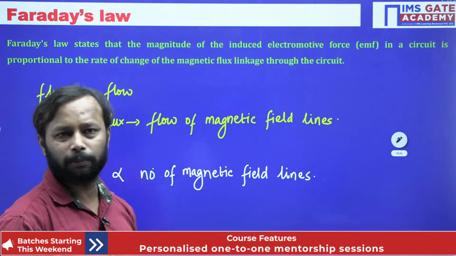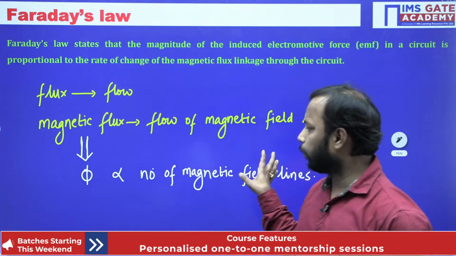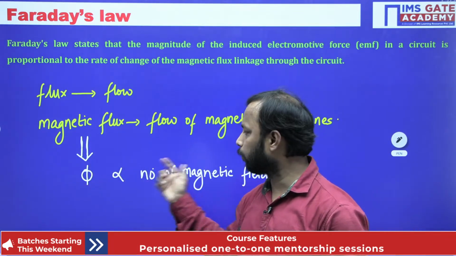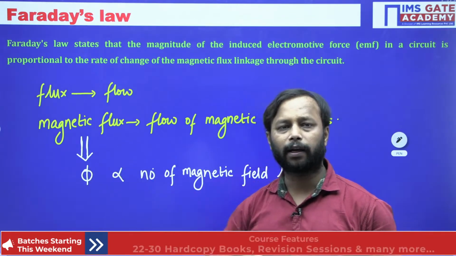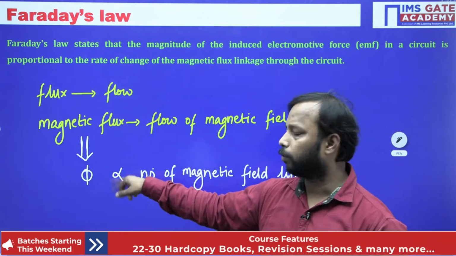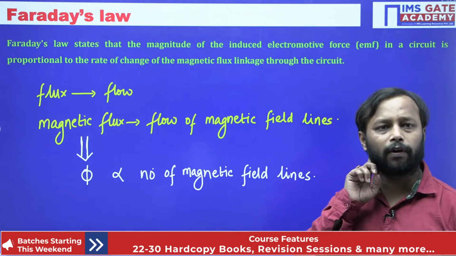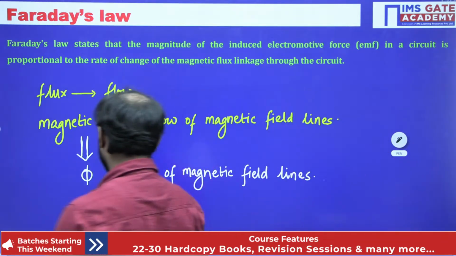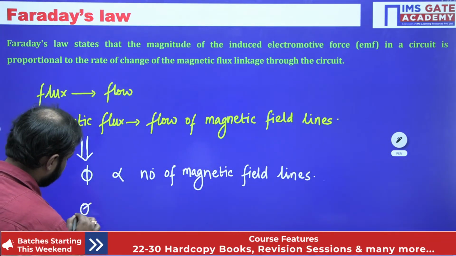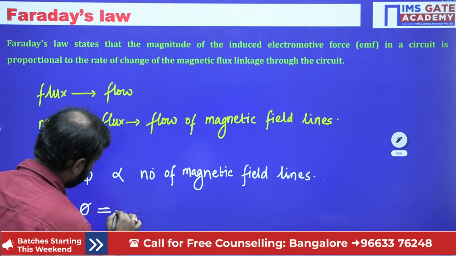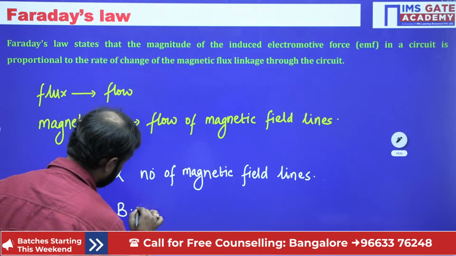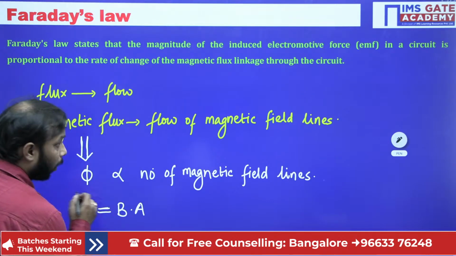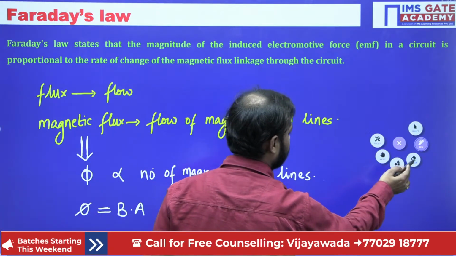It is not possible to say. So as of now we do not have any unit for this magnetic flux. But once you remove this proportionality sign, we will have the unit. This phi becomes equal to B times A. Very important expression.